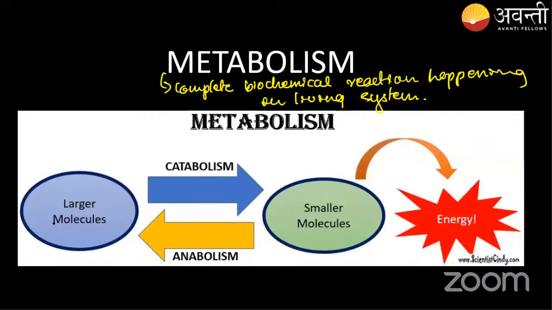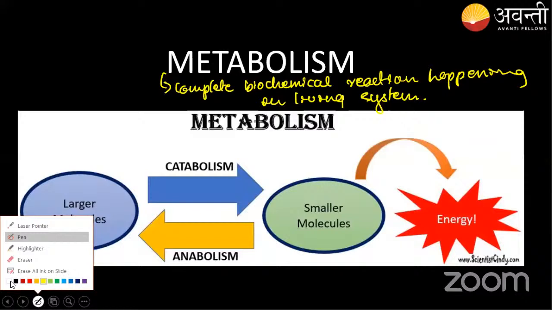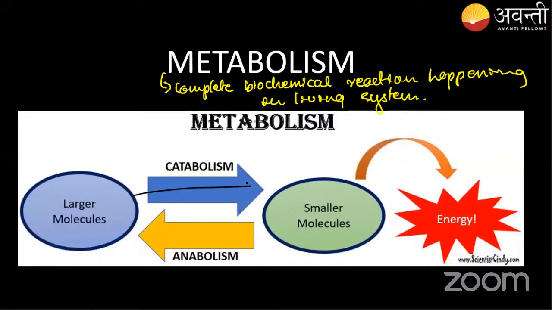How is it happening? A larger molecule goes through a process called catabolism, which is a breaking down, forming smaller molecules. These smaller molecules again go for joining, one to one, and form a larger molecule.